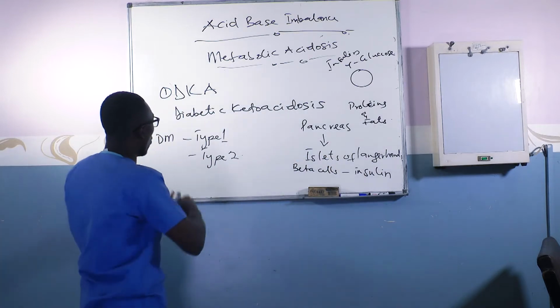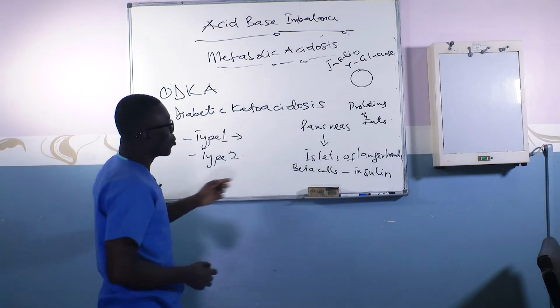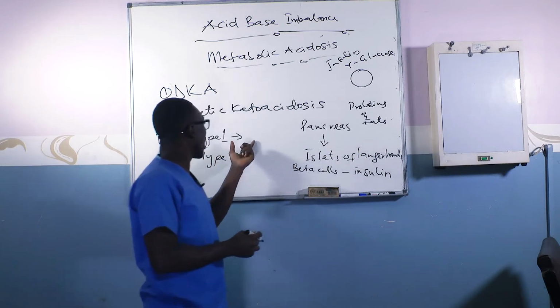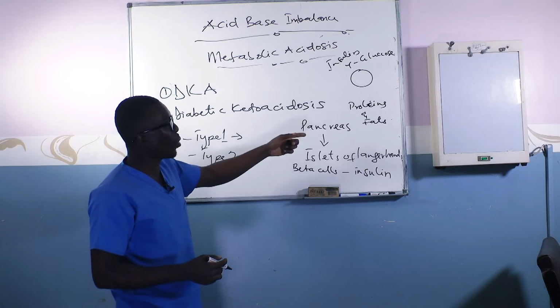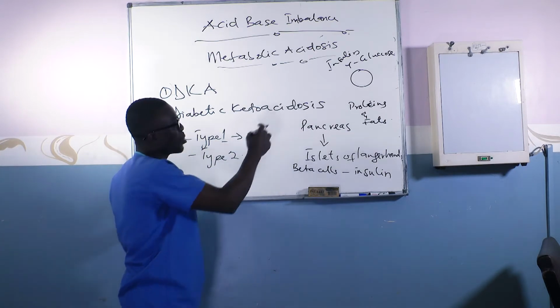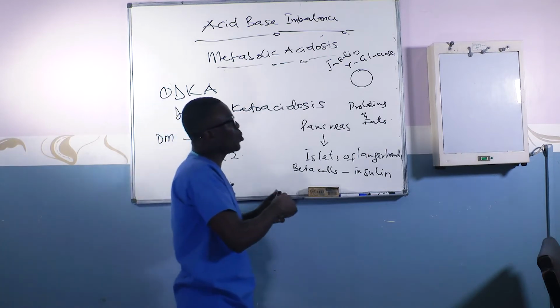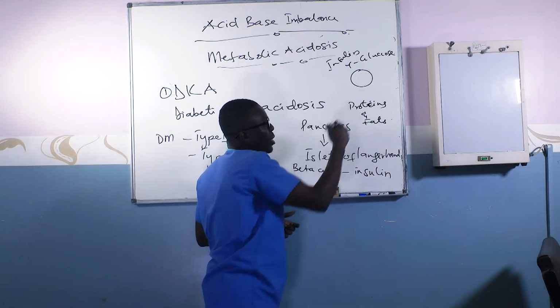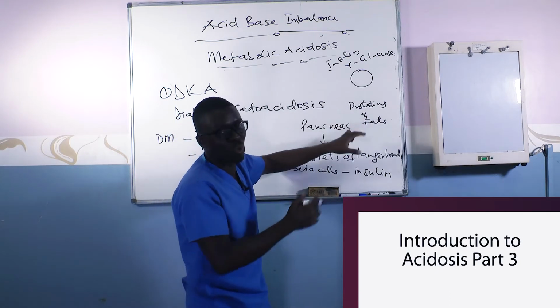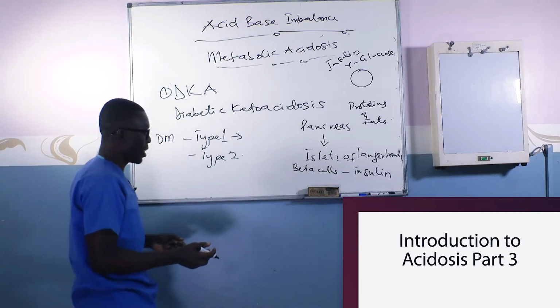Okay, so with type 1 diabetes, there is no insulin production at all. So that person is supposed to depend on insulin for the rest of his life. So if he's dependent on that insulin, then it means that our body has to use other mechanisms to generate energy. Example, the use of proteins and fats to generate energy.